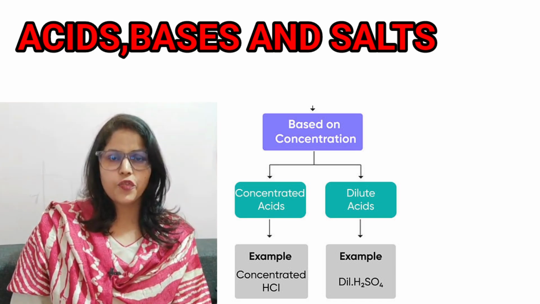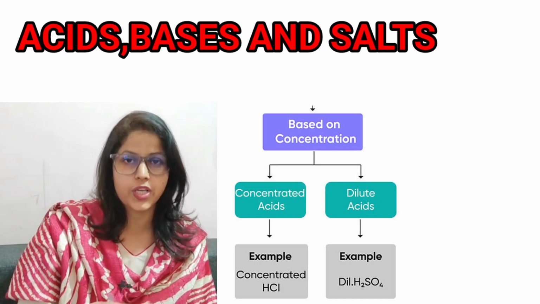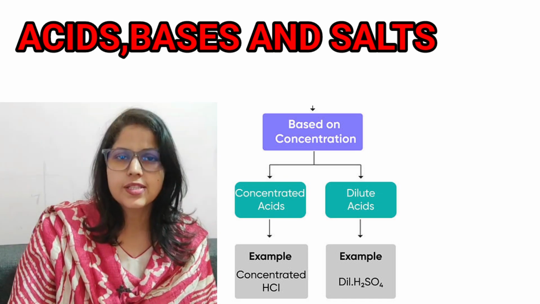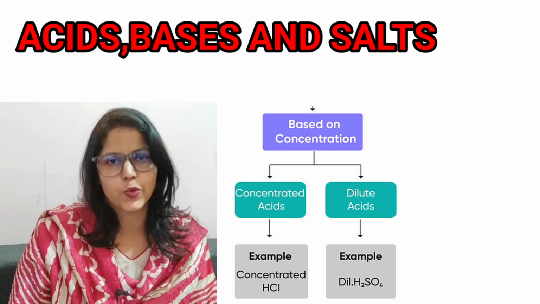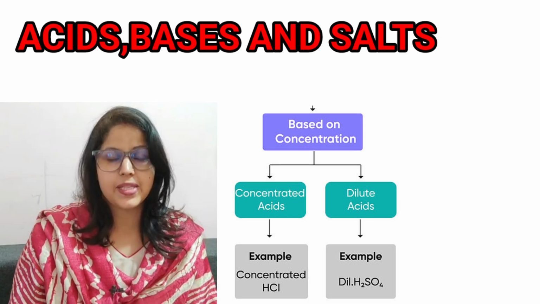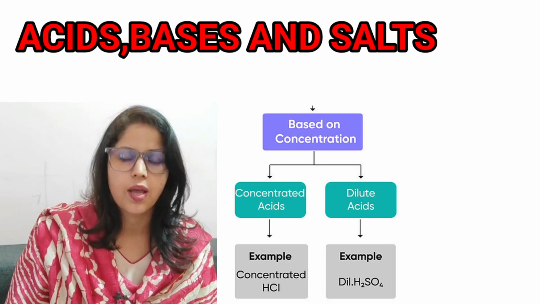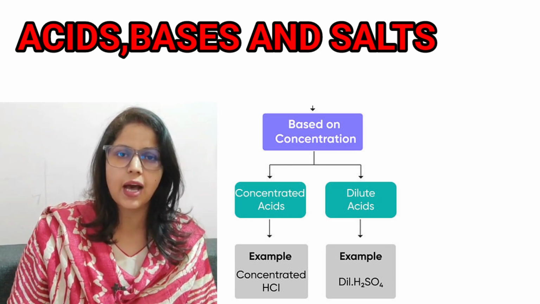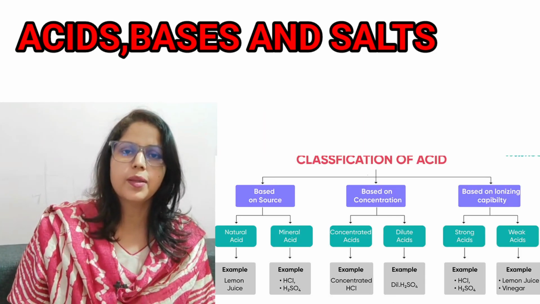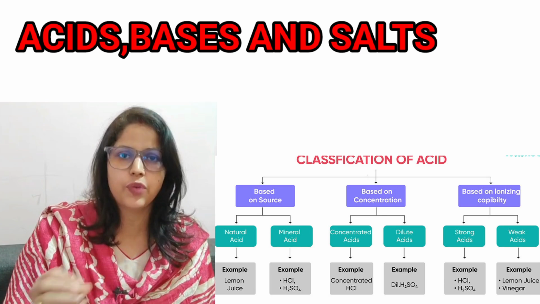The next category of acid is based on how much water is present in the acid. It is known as concentrated acid and dilute acid. As per the name, dilute acid means the amount of water is more compared to the acid, while concentrated acid means the amount of acid is more compared to the water. So on the basis of strength, acids are divided into strong and weak acids.